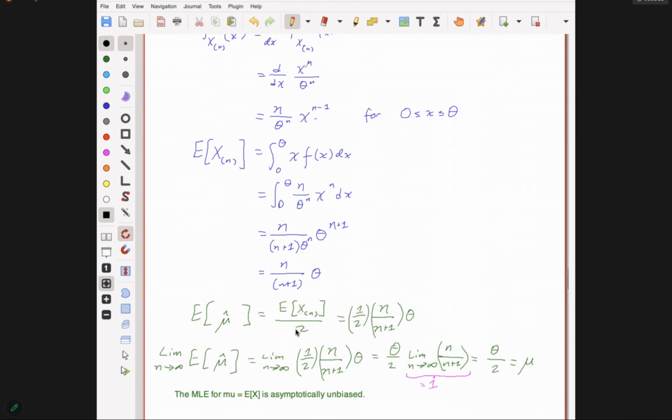And we said that because the expectation of x, sample maximum, is n over n plus 1 times theta, the expectation of mu hat is n over n plus 1 times theta over 2. And so this is our expectation.